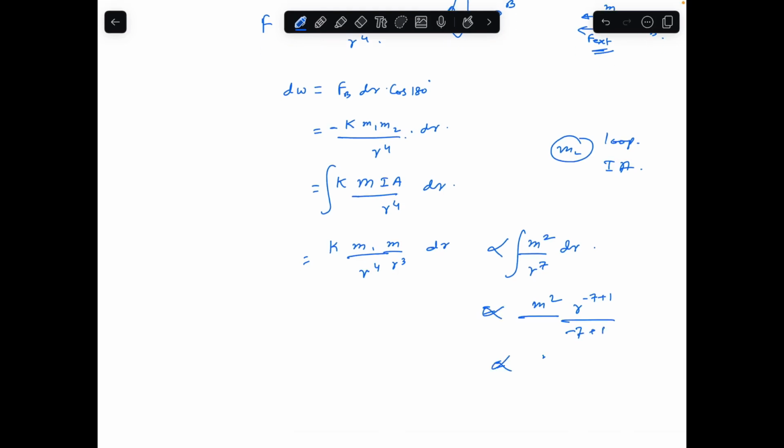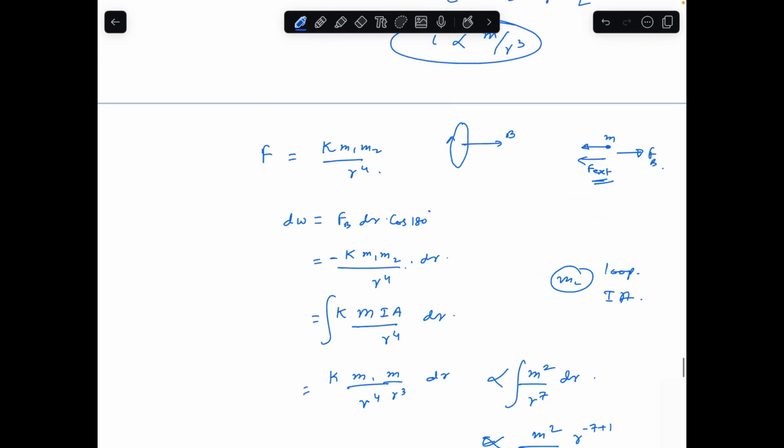So you get directly proportional to m square by r to the power 6.